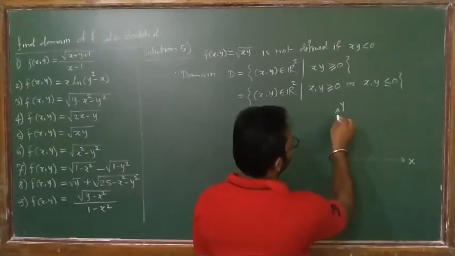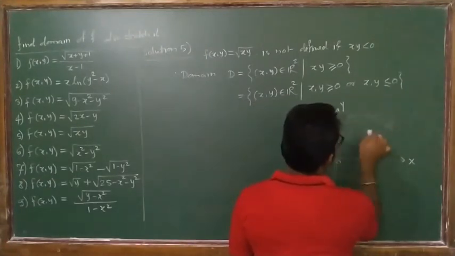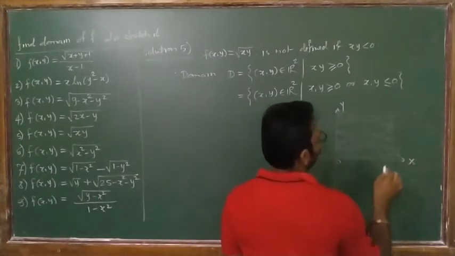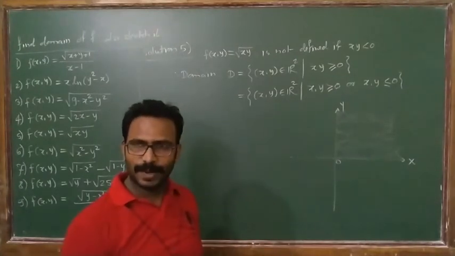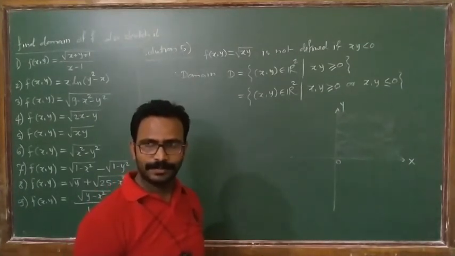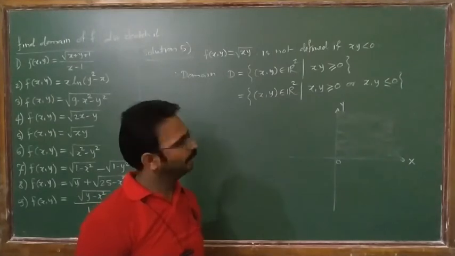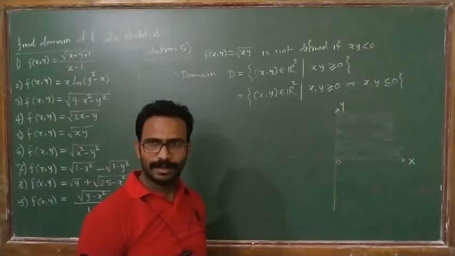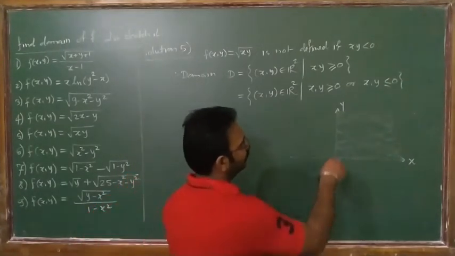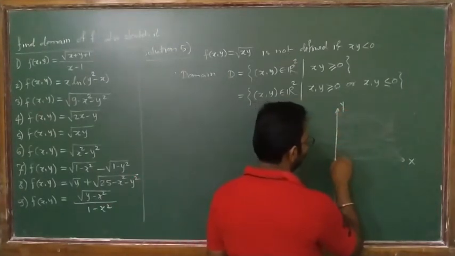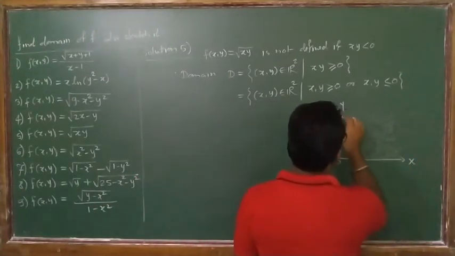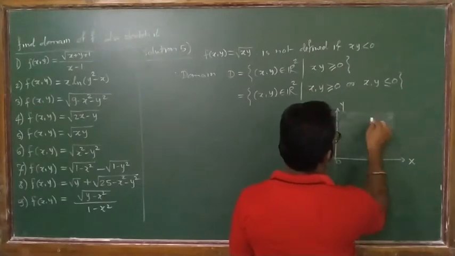So it will be this region. In the first quadrant, both the x coordinate and y coordinate are positive, and if we include the boundary, both are non-negative. That means the boundary should be considered in this domain.